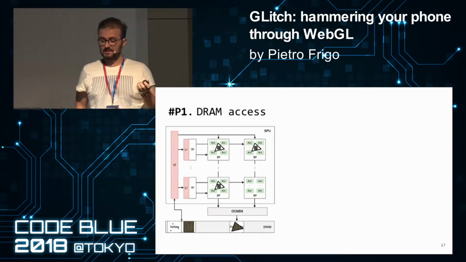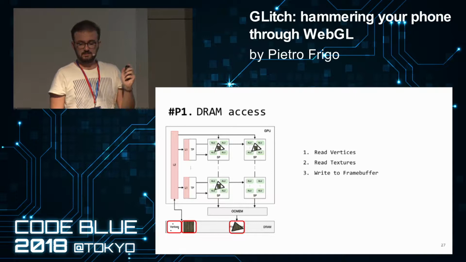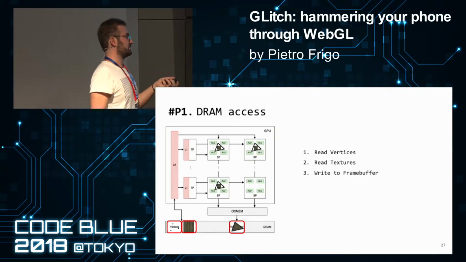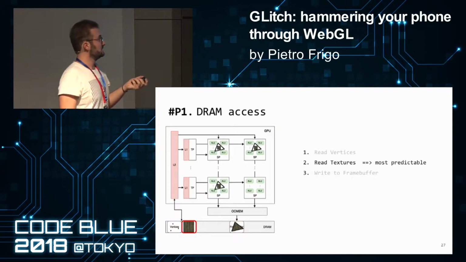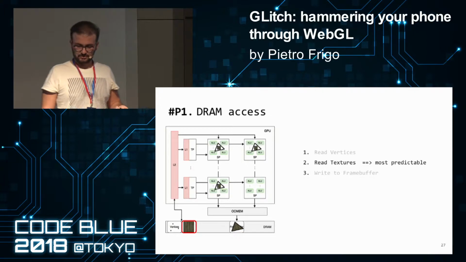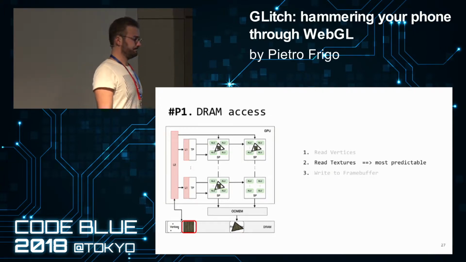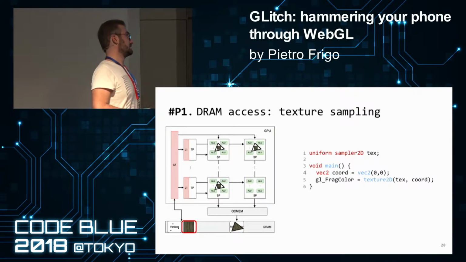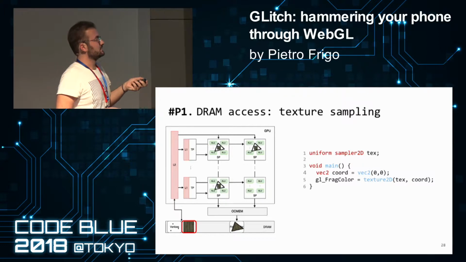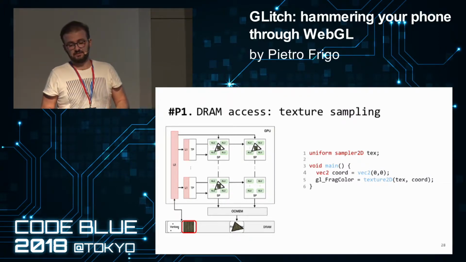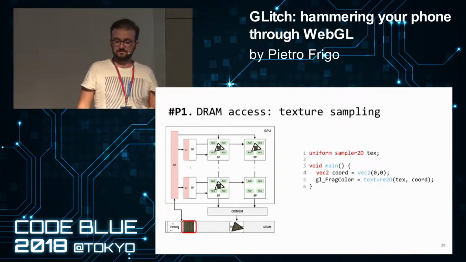Now, this gives you 3 possibilities to get DRAM access. These are the 3: the vertices, the texture, and the frame buffer, as you can understand. And it turns out that reading the texture is the most predictable one. So it's the one we chose. And the way this works is you can just write a program. So this is an example of a fragment shader, where you use this instruction, the texture2D instruction, to get the content from a texture at specific coordinates.